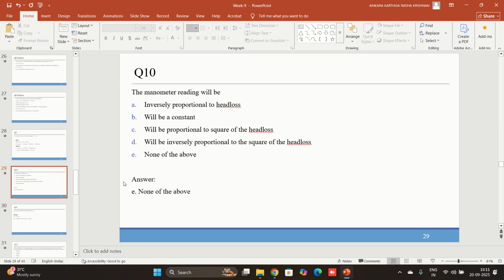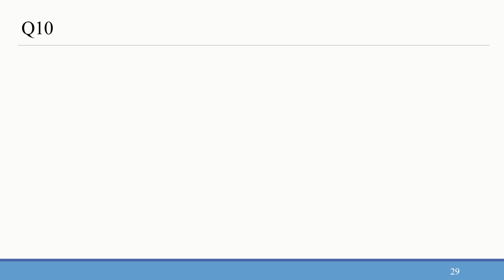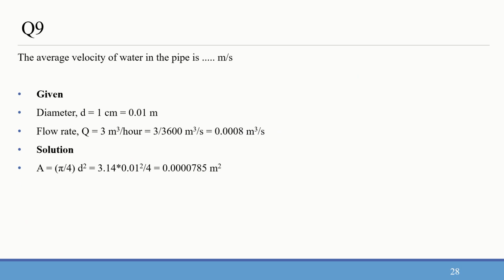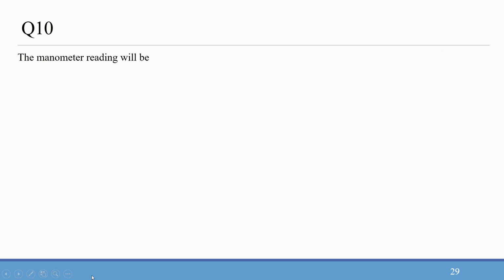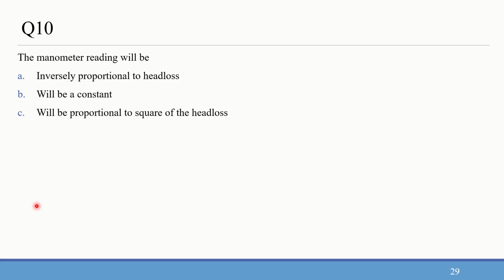Going to question 10, the manometer reading will be option A, inversely... okay, I shouldn't have shown you the answer. Manometer reading will be dash: option A, inversely proportional to head loss. Option B, a constant. Option C, proportional to the square of the head loss.